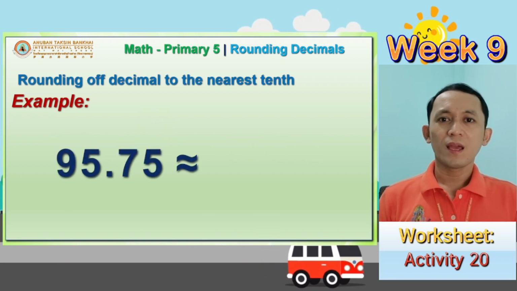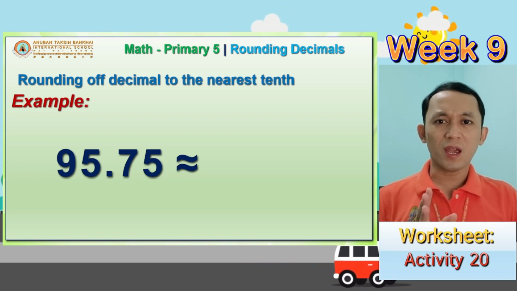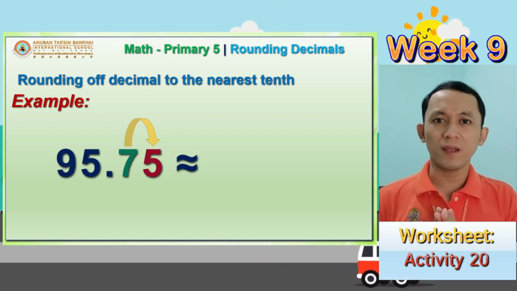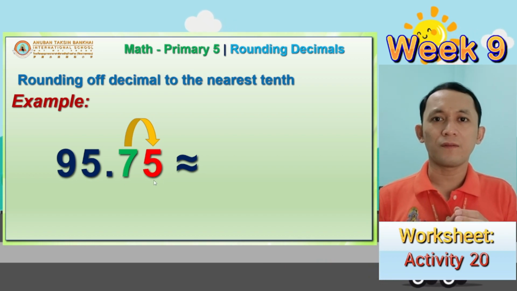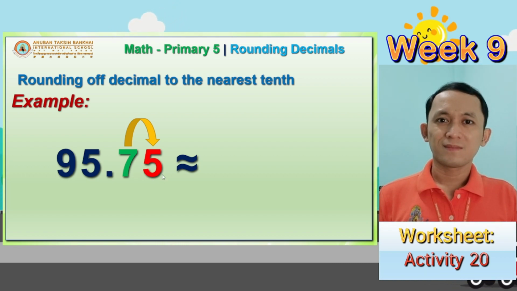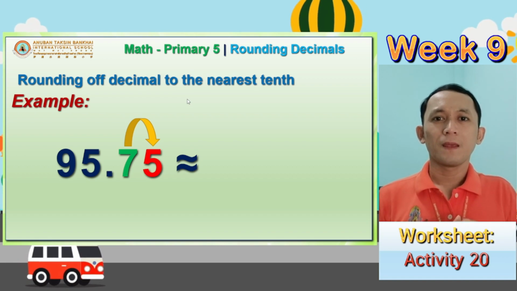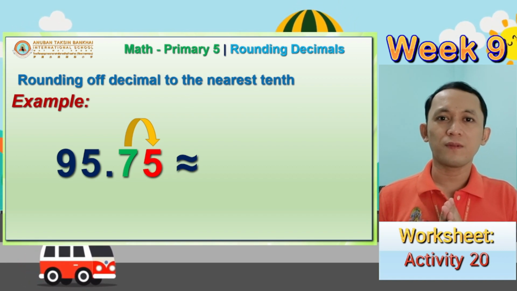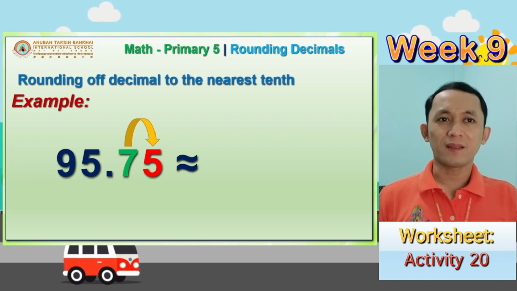Now, let's have another example. We have here 95.75. So again, let's check our tenths place. We have 7. And the next digit on the right, we have 5. Round up or round down? Of course, that is round up. Since the digit is 5, we are going to round up to the nearest tenths place.